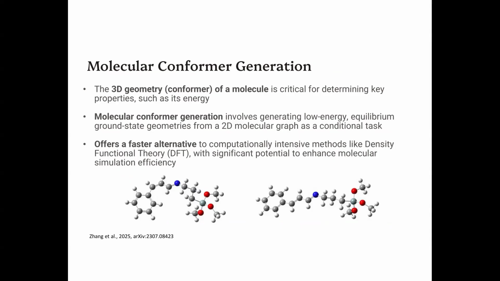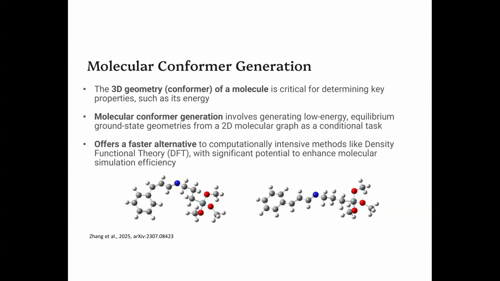So the idea is to use molecular conformer generation. As you all know, the 3D geometry of a molecule is usually known as a conformer. The 3D geometry is critical for determining key properties such as energy, and that's why nowadays most conformer generation models use the 3D geometry as an input.